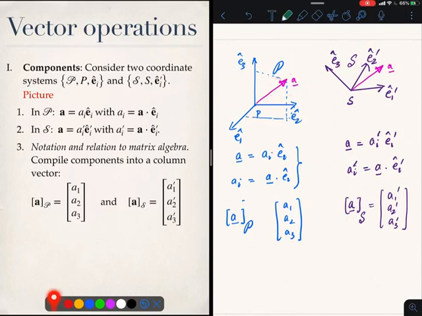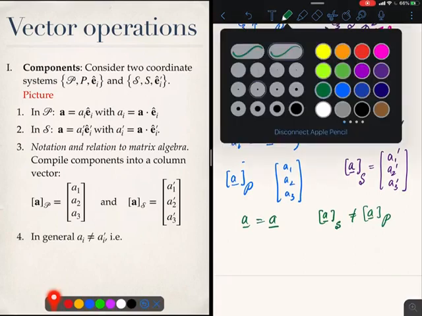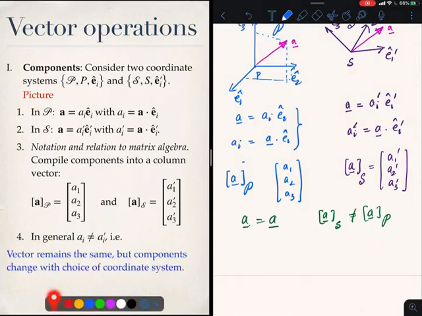So A is obviously A no matter what the coordinate system is, but A in S is not the same as A in P. So in general, A_i and A_i prime are not the same. This is the important conclusion here: the vector remains the same, but components change with the choice of the coordinate system.